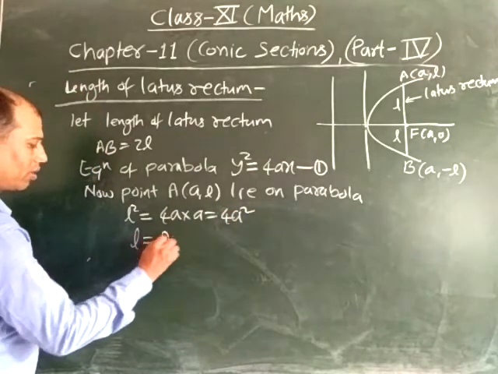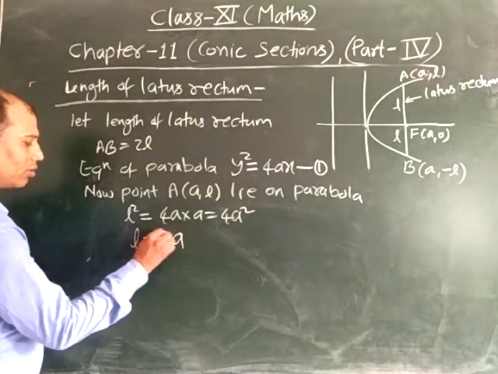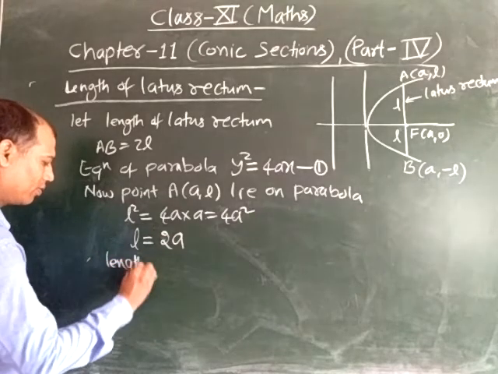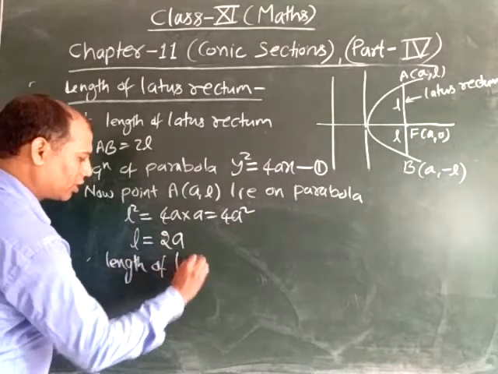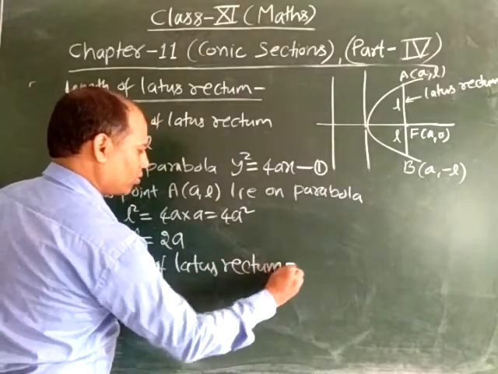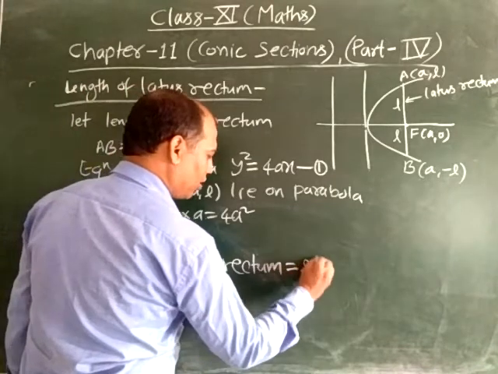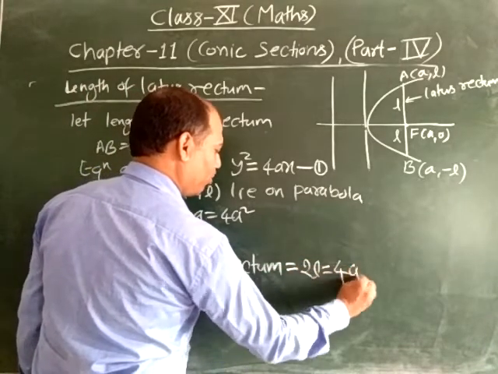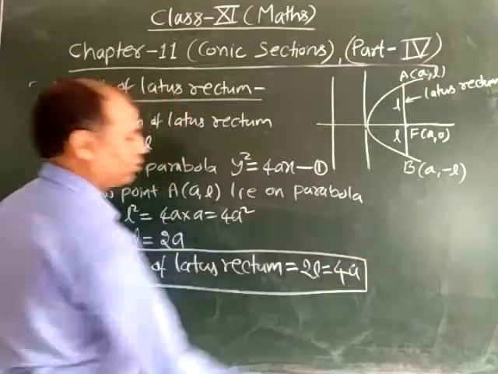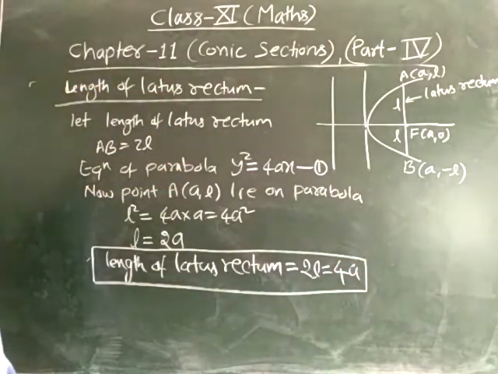Then L is equal to 2a. Now the length of the latus rectum is equal to 2L, which becomes 4a. This is the length of the latus rectum. Is it clear, students?